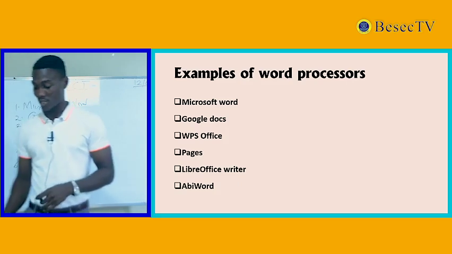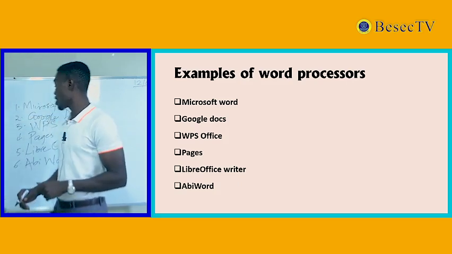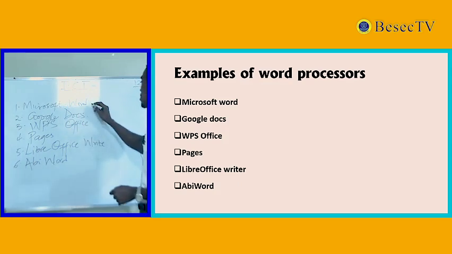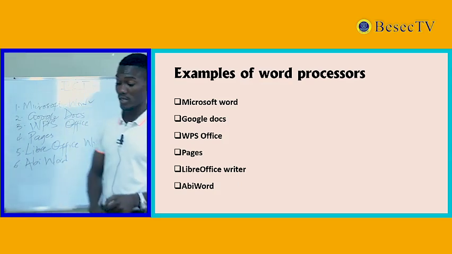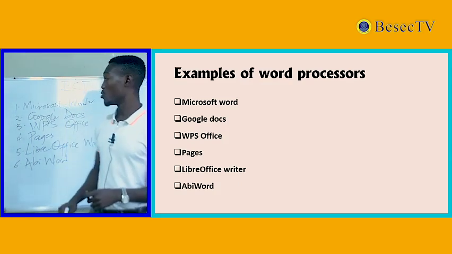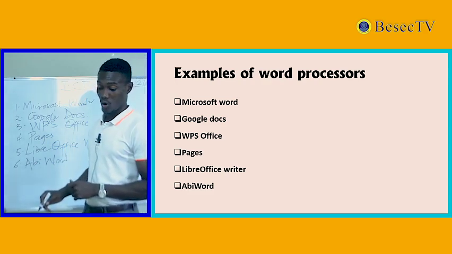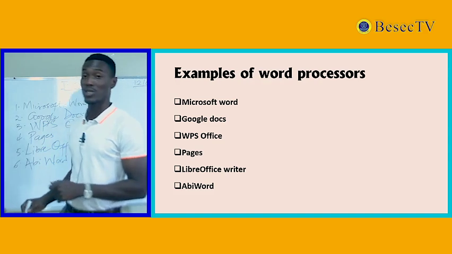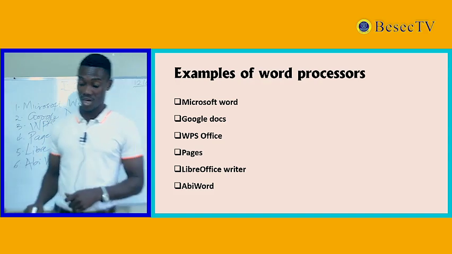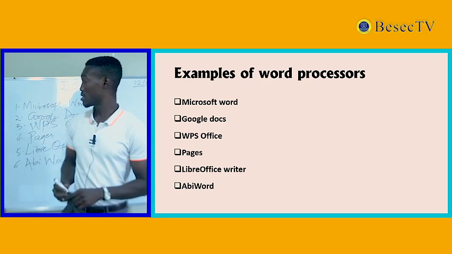These are some examples of word processors that we have. As I said, we have the Microsoft Word, which is the most popular and the most commonly used of all these word processors, from the company called Microsoft.